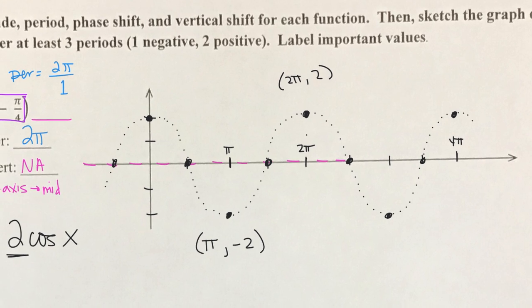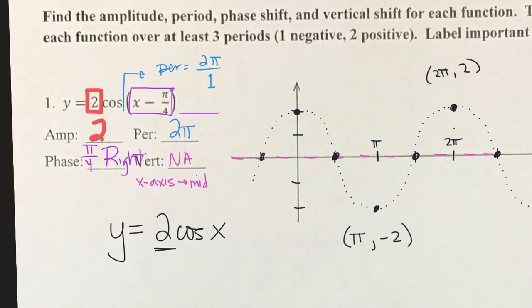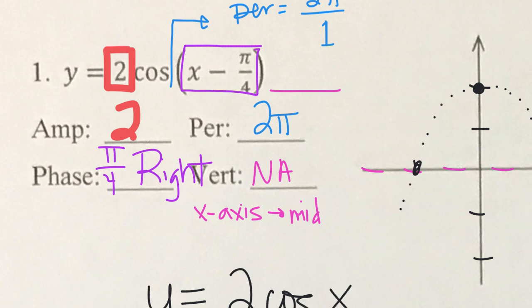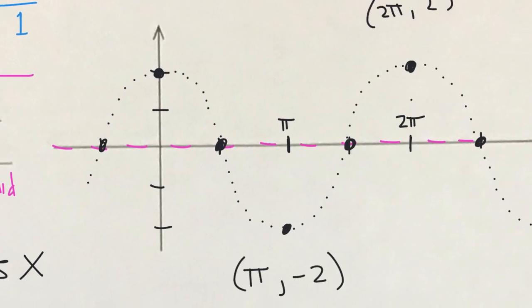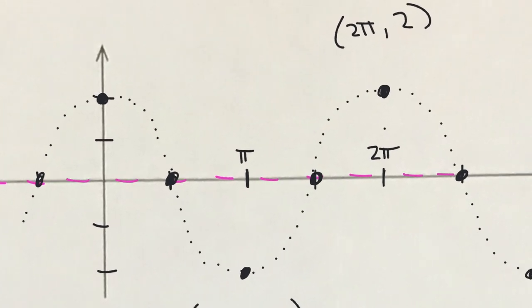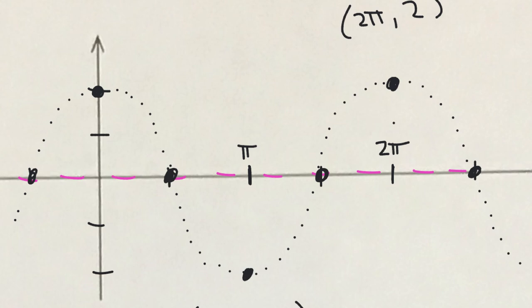So now that we have the basics, let's talk about how we do the real graph with our phase shift. We're going to move all of our points that we have just plotted pi over 4 units to the right. Okay, and since I don't have any labels, I have two labels, pi and 2 pi, I have to decide how far is pi over 4 units.